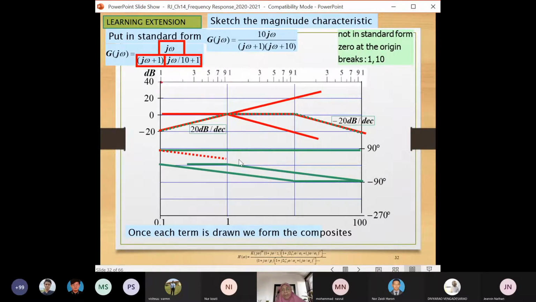So it becomes double. So then you see a bigger drop. But this one, you have only one line of negative 45 degrees per decade. So this part becomes less, the slope becomes less. But you will see the line is actually like a curve. So altogether, you will have the magnitude and the phase plot.